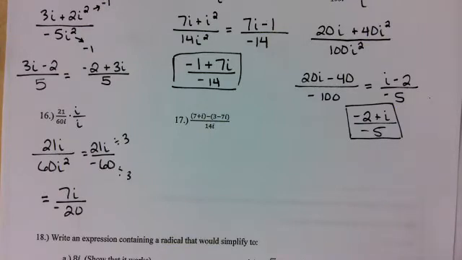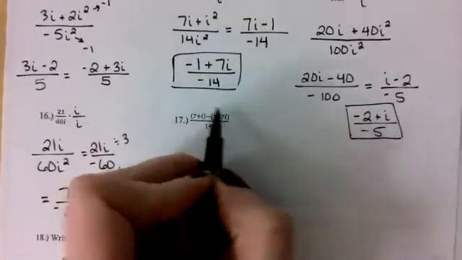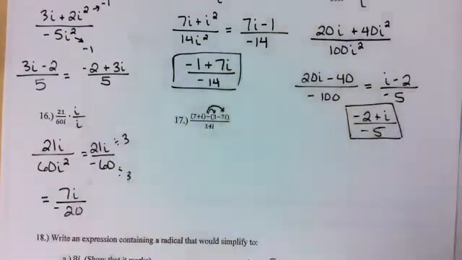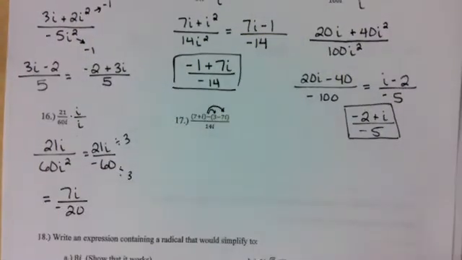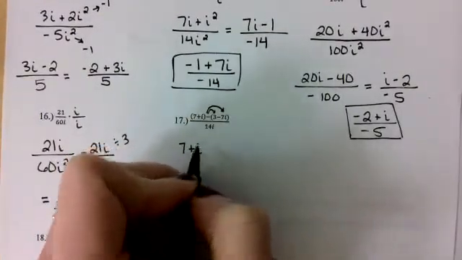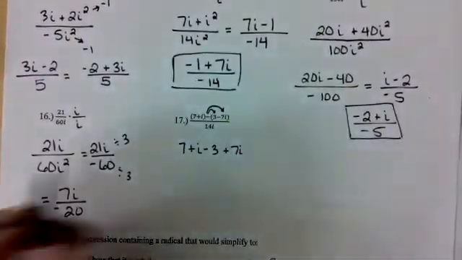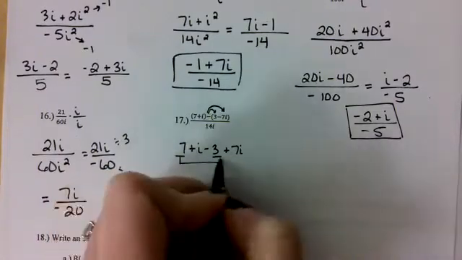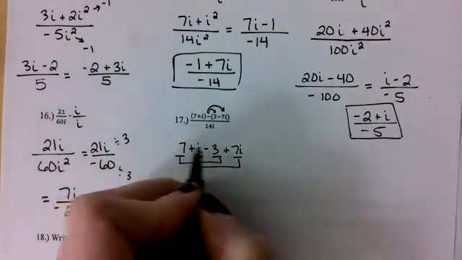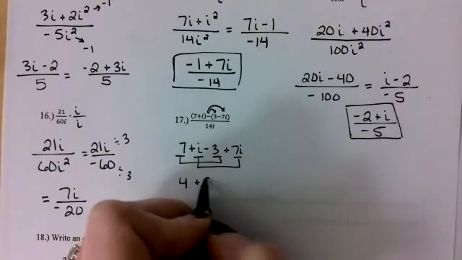Last but not least, I'm going to do the same thing here, but first I can simplify the numerator down a little bit by distributing the negative to the 3 and to the -7i. So at the top we'll have 7 plus i minus 3 plus 7i. And I've got some like terms here I can combine. 7 minus 3 is 4. i plus 7i gives me 8i.